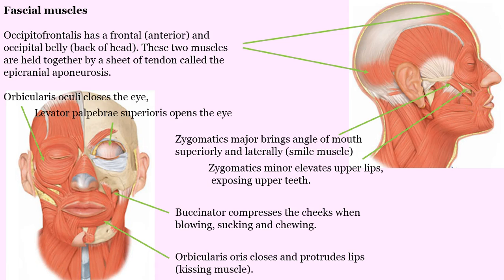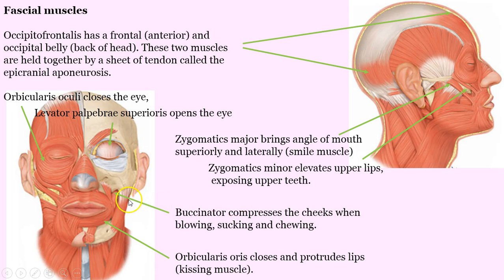The minor elevates the upper lip, exposing the teeth. You might wonder, well, why do we need that facial expression? Well, in many primates, exposing the teeth is a way we avoid conflict. You may be seeing dogs do that. It's like, leave me alone. Look at my teeth. Do you want those biting your arm? No, I didn't think so. Okay, so we have a history too of being beasts.